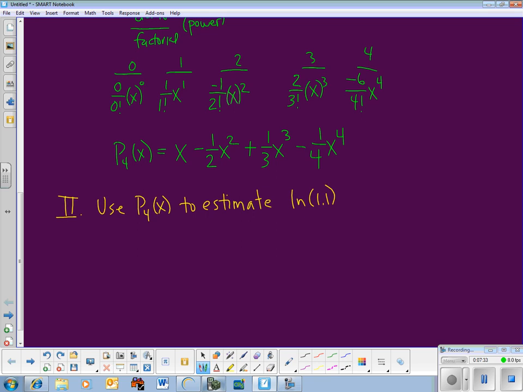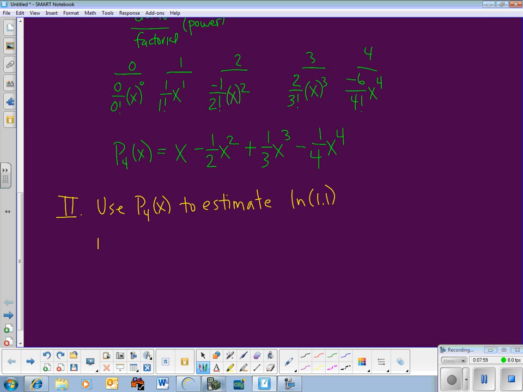Okay, that's the point. When you didn't have a graphing calculator or computers, and this is actually how your calculator will work, it will use an infinite series or a bunch of terms in a series to add up natural log of 1.1. When you type natural log of 1.1 in your calculator, it doesn't have them all memorized. It doesn't have a giant chart full of natural logs programmed into it. It uses something like this Taylor polynomial.